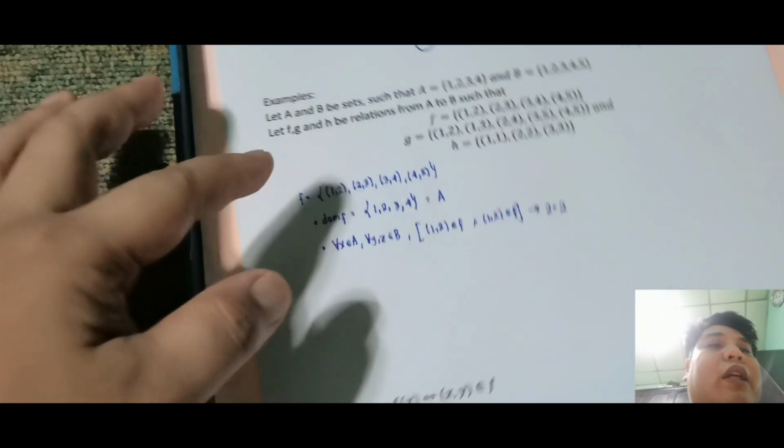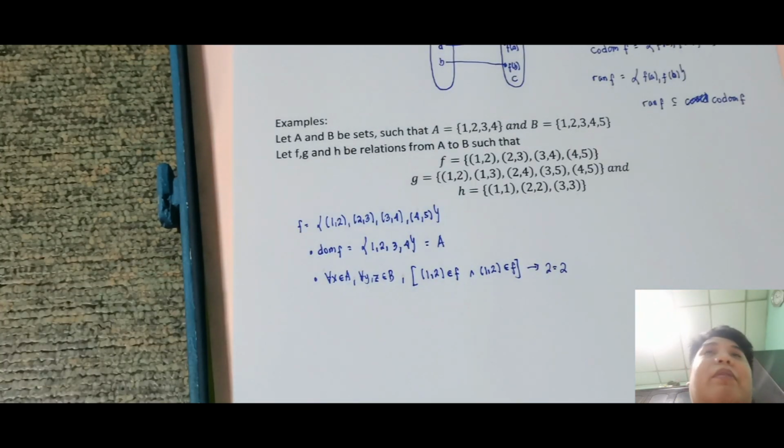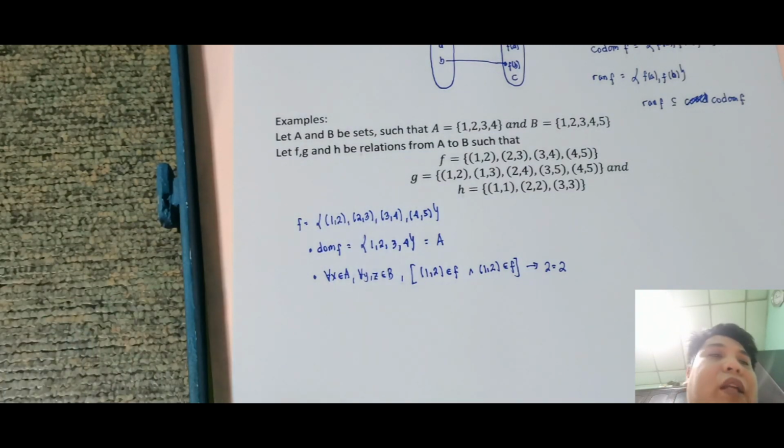So, ibig sabihin, ano nangyari? Pag wala ka na makitang (1, something) na iba, ang ilalagay mo na lang siya ulit. So, ang gusto ni function, wala ka na dapat makita na (1, something) aside from sa sarili na. Tulad nito, (2, 3), wala ka na makikitang (2, something). (3, 4), wala ka na rin makikitang (3, something) sa loob ng relation. (4, 5), wala ka na rin makikitang (4, something) sa loob.